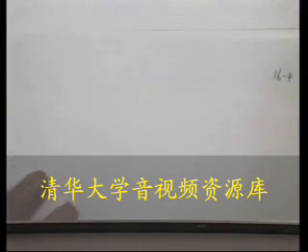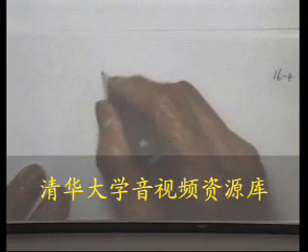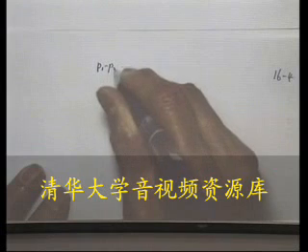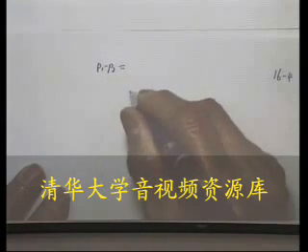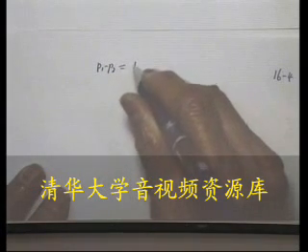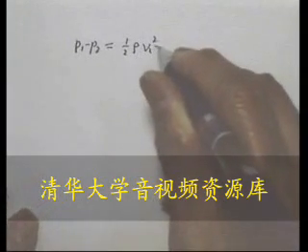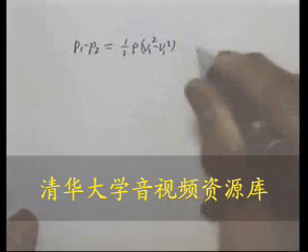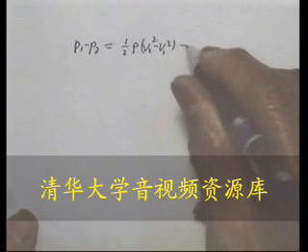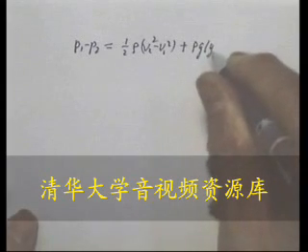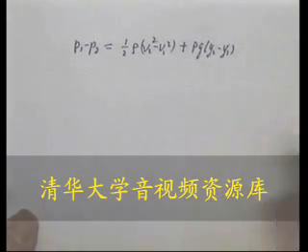If you cancel the V, you get P1 minus P2 is equal to 1/2 rho (v2 squared minus v1 squared) plus rho g (y2 minus y1).